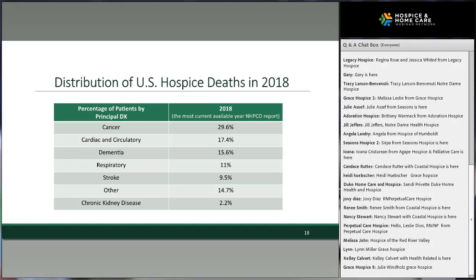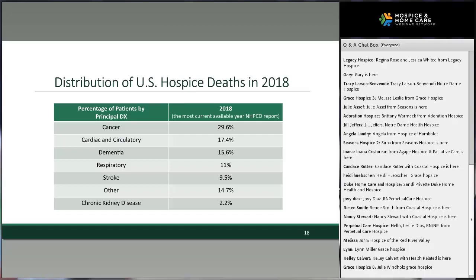Cancer, as you still see, is almost at 30%. I look at this every year, and it might have been 29.8% last year, and it's 29.6% this year. These percentage points have not moved a tremendous amount, like 0.2, tenths of a percent. So we've been looking at similar numbers for the last couple of years.